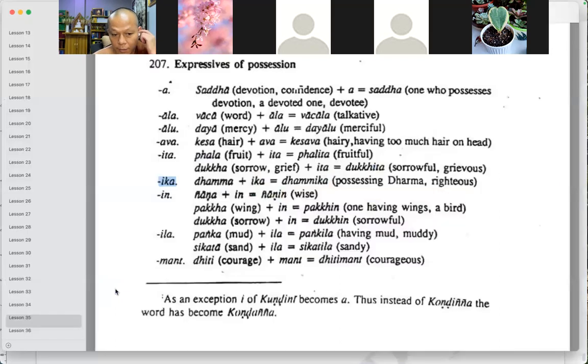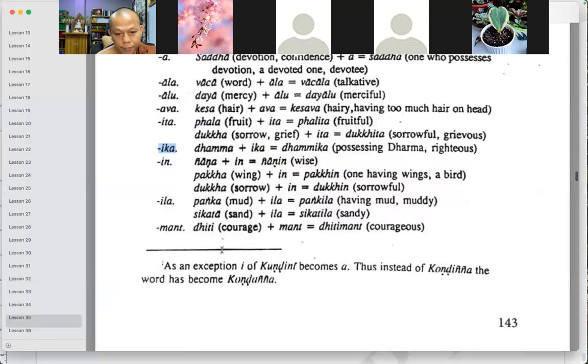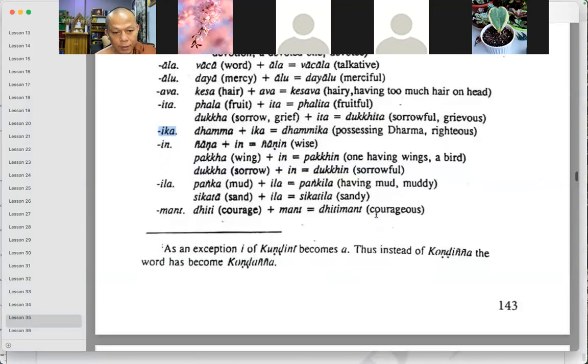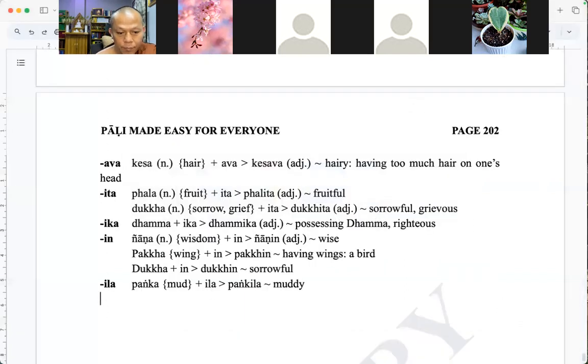And then another suffix. So sikata. Sikata means sand. And then ila, so sikatila becomes the adjective, sandy. So in this way. After that, meant.